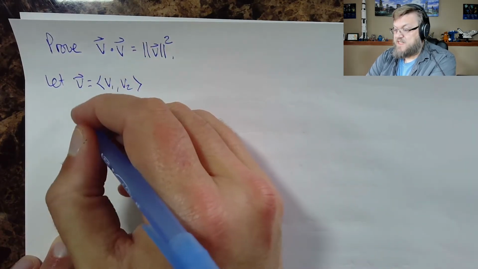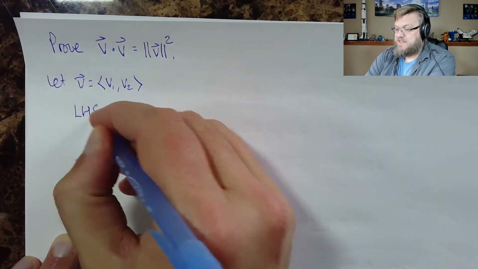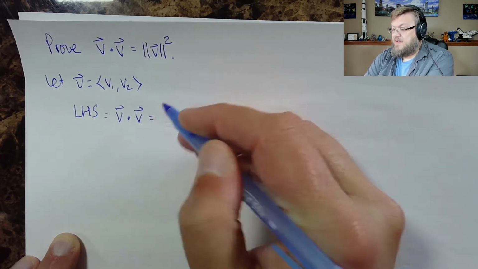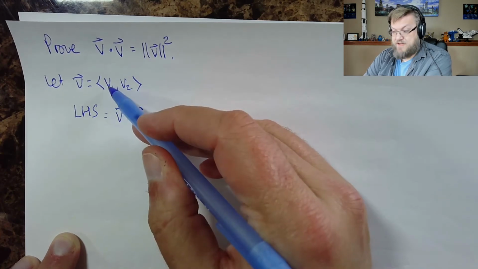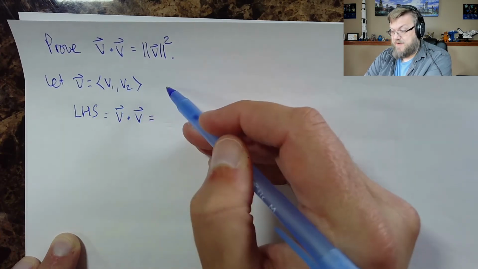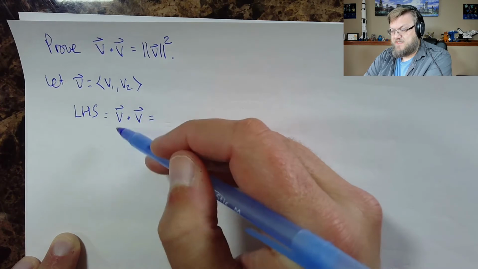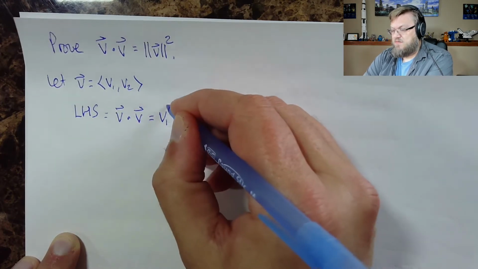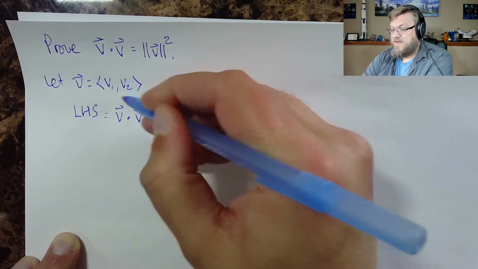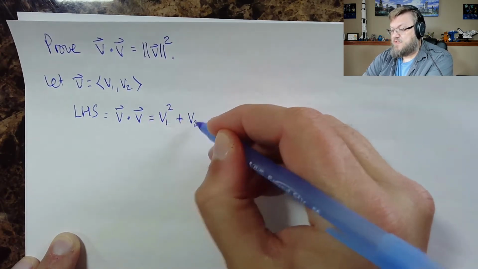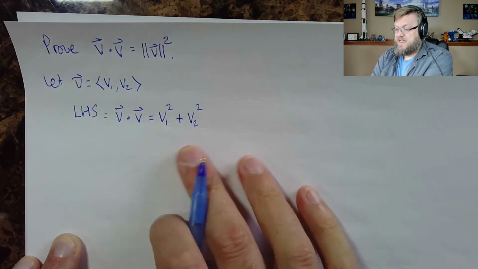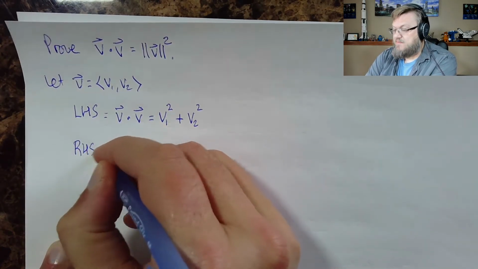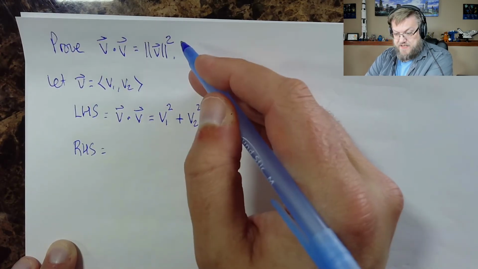I'm going to calculate the left-hand side, LHS. Left-hand side is v dot v. So let's go ahead and calculate that. V dot v means I multiply the vector component of the first one times the vector component of the second one. So since it's v, it's going to be v1 times v1. So I get v1 squared plus v2 times v2, which is v2 squared. So the left-hand side, I get that. The right-hand side, I get the magnitude of v squared.